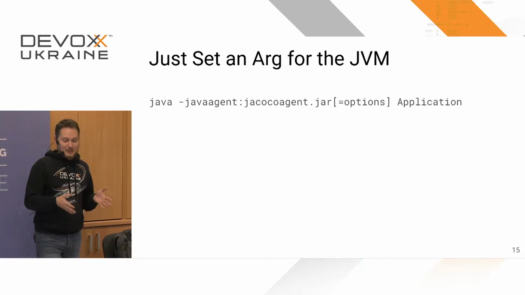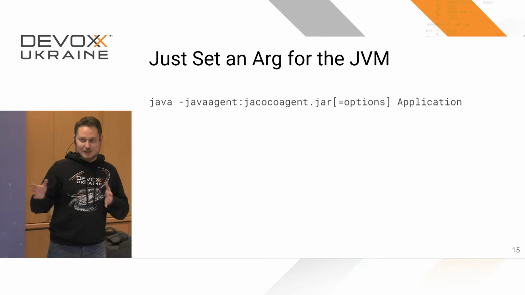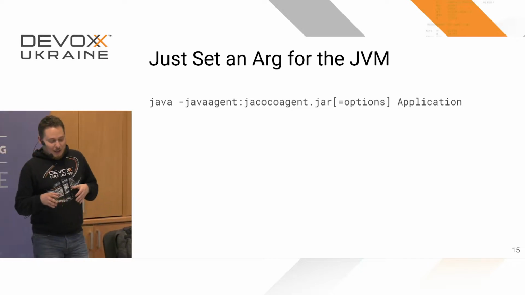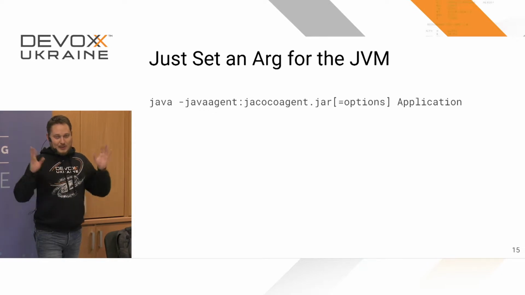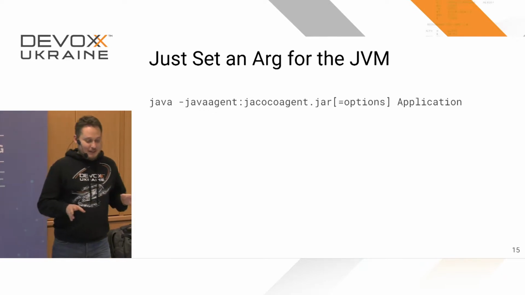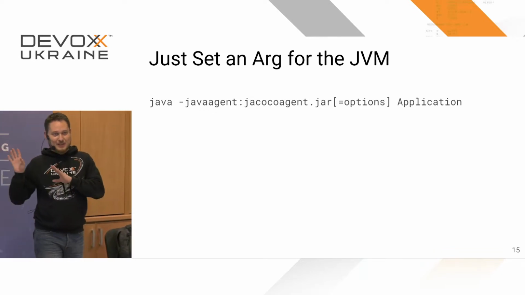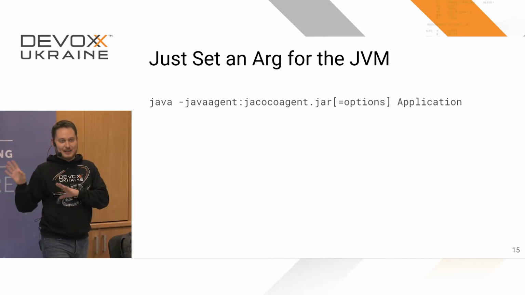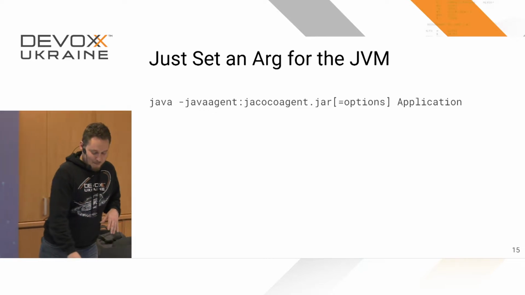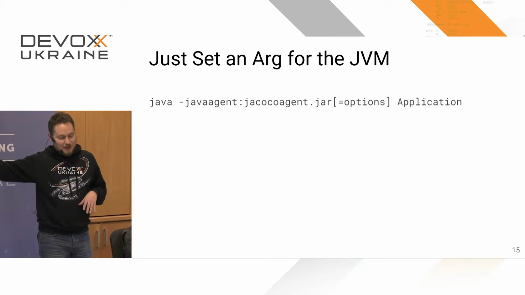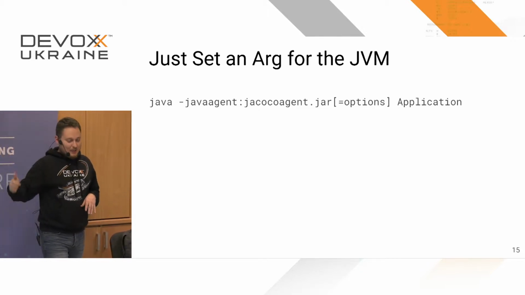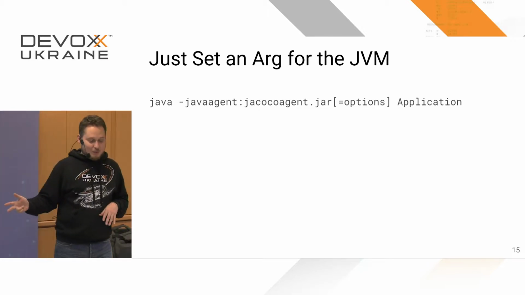With the code coverage agent, it's just an additional option, -javaagent, and so on. All the plugins for Gradle, Maven, and whatever else boil down to just this single line under the hood. And of course, by application, you could have your Tomcat, your WebLogic, whatever you want.